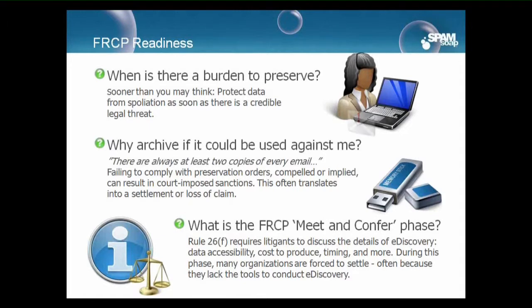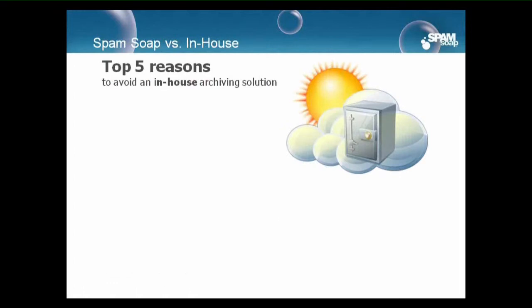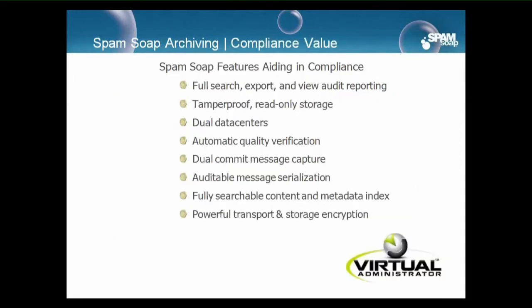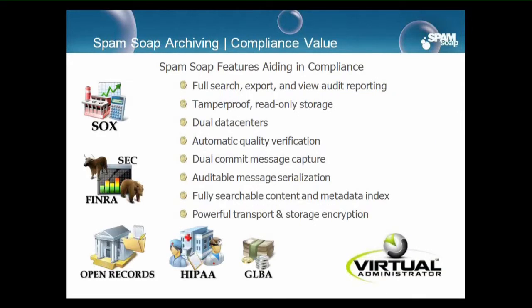And then from a government perspective, there are certain reasons why you'd need to archive. The Federal Rules of Civil Procedure say that you have to have the archive available. You have to have these messages available, and we're certainly meeting those compliance standards. And just a quick look at the overall compliance value.